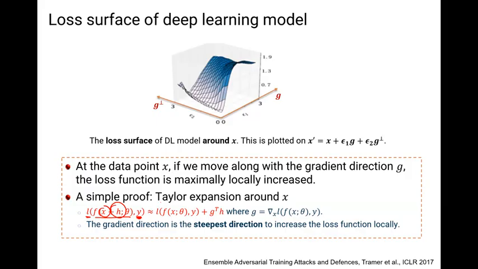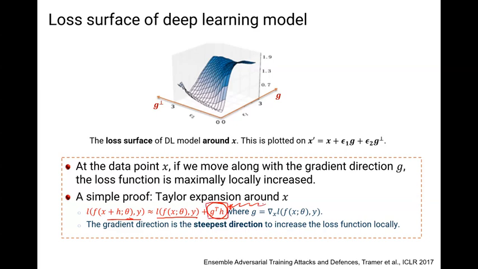Mathematically, you can do a Taylor expansion. I hope you understand what a Taylor expansion is because we don't have time to go through it. The term on the left can be approximated by the original loss function plus the first term here. Of course, there are more terms at the back, which are less important.